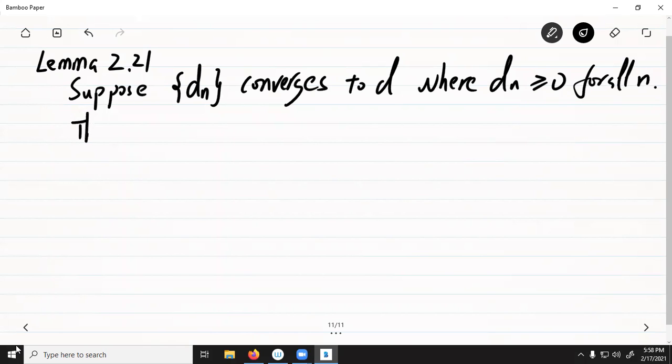The result is then the limit must be greater than or equal to 0. Okay, so we needed to prove it.